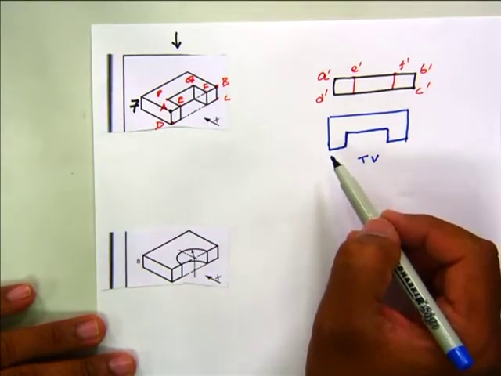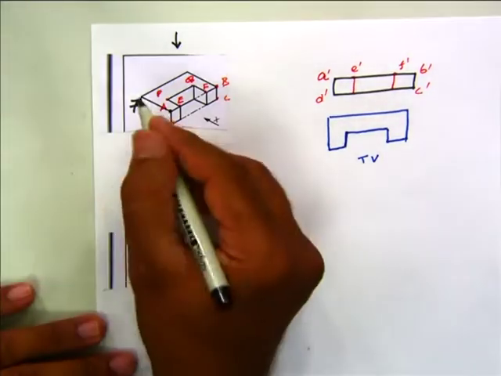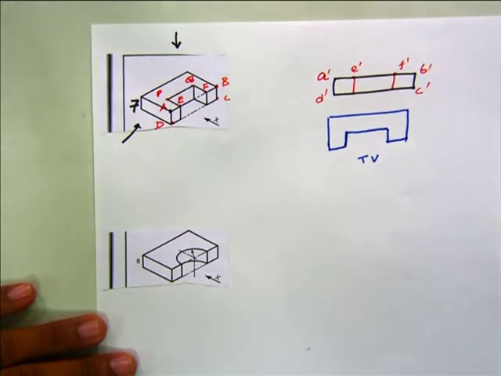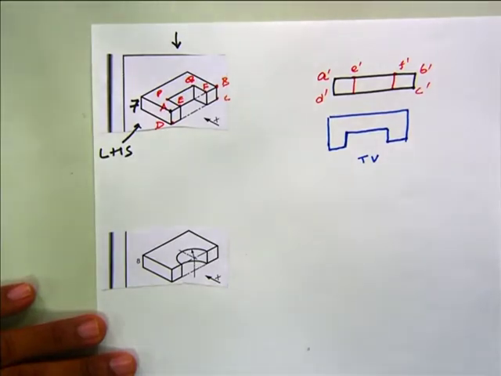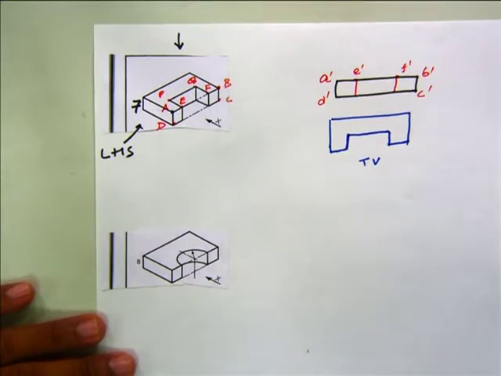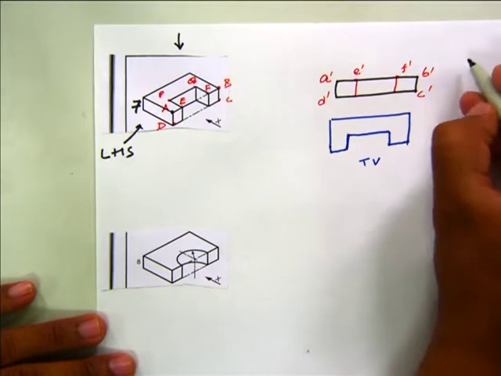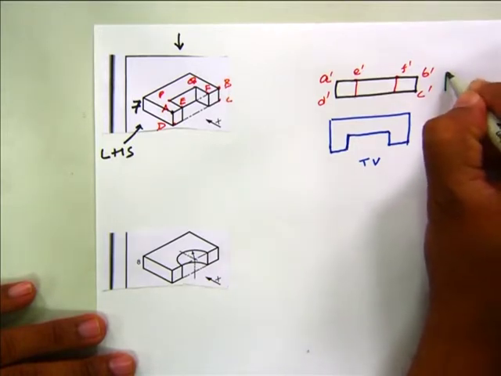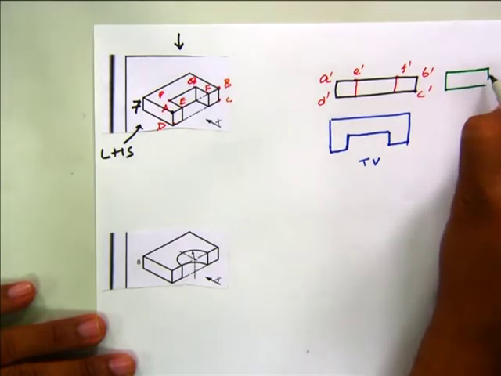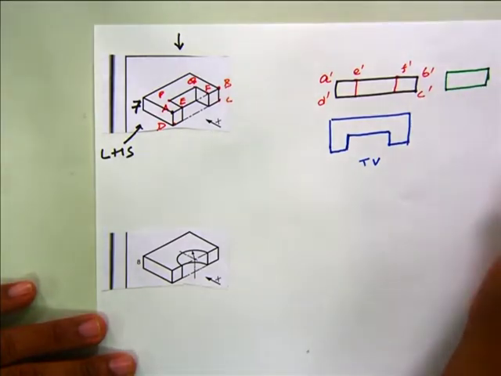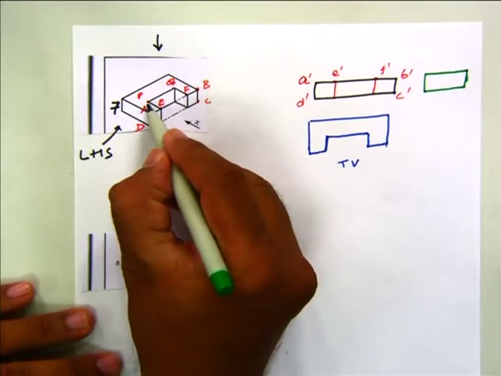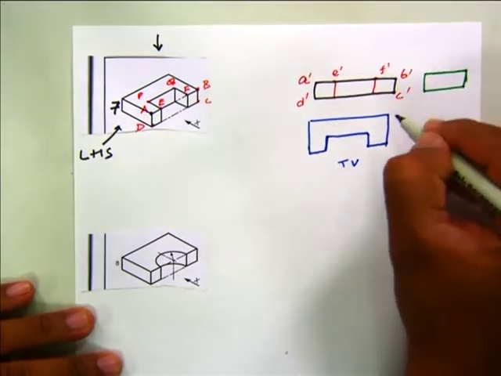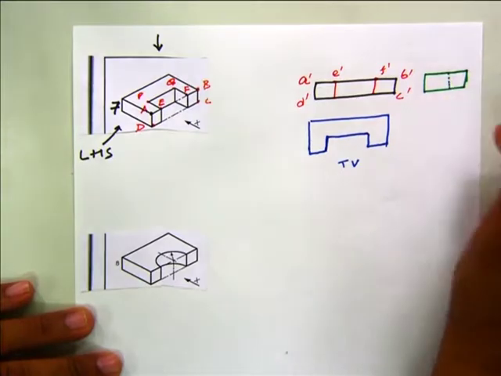And when you are viewing from this direction, so this is the left hand side, your left hand side looks like this, where this recess you cannot see from here, so this becomes a hidden line.